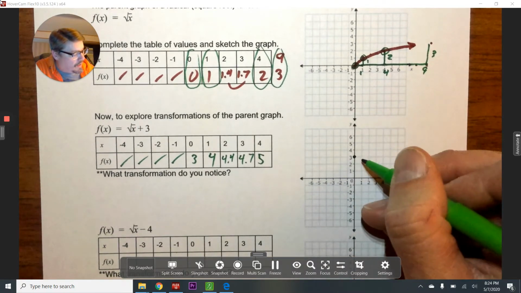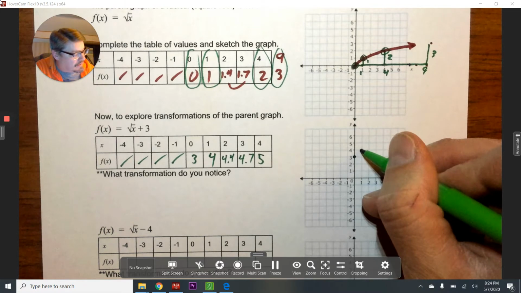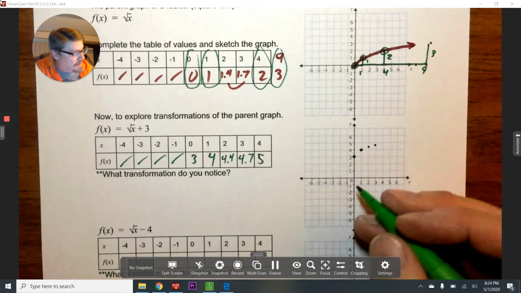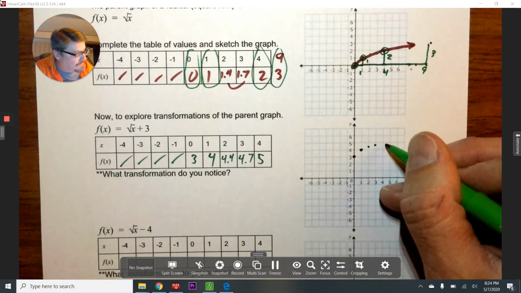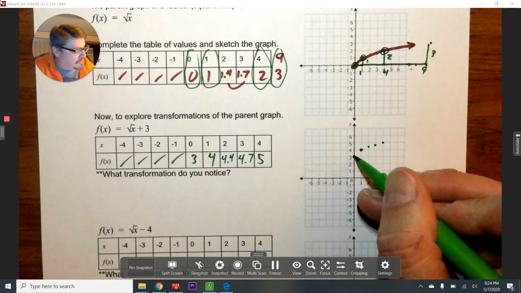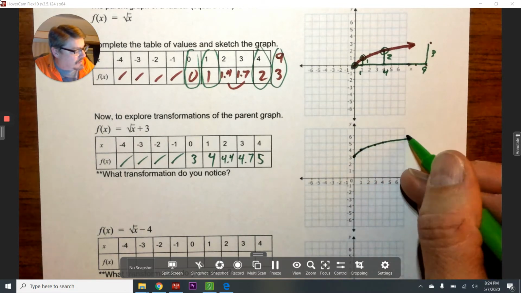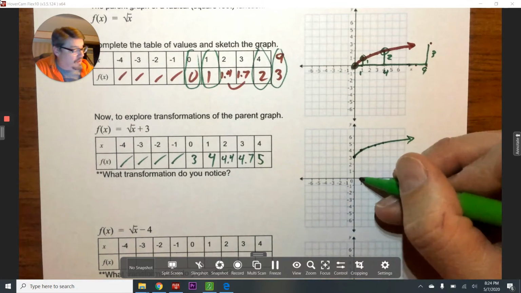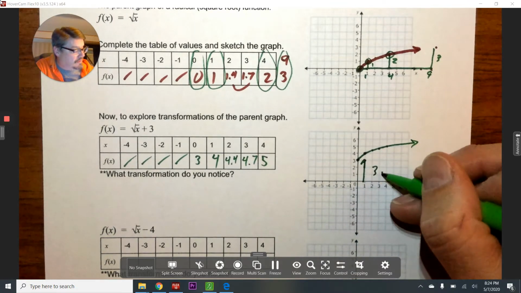When I plug in a 1, I get 4. And then I get a little bit more here, a little bit more there. And then when I get to 4, I actually get 5. Okay. So you can see that the parent function just did a vertical translation of 3 units. Okay. So same principle. It went up 3 units.